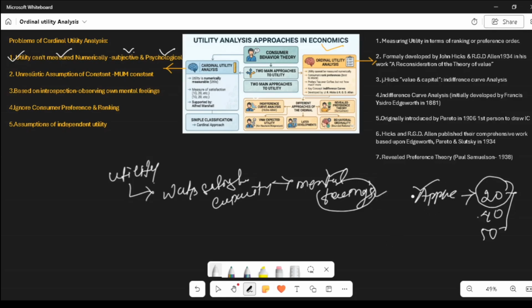That is a subjective thing; it is a mental feeling. Suppose I eat an apple and get 20 utils. Suppose I give the same apple to Rudra, and after eating he says, no sir, I got 50. The same apple I give to Pavitra, and he says, no sir, I got 100. That is subjective in nature. Maybe I prefer less apple, maybe Rudra prefers more, or maybe Pavitra prefers more than me.